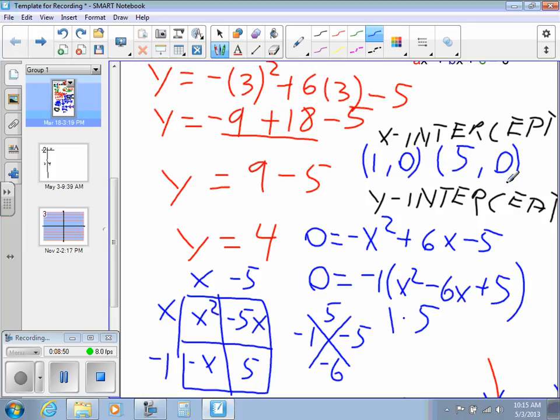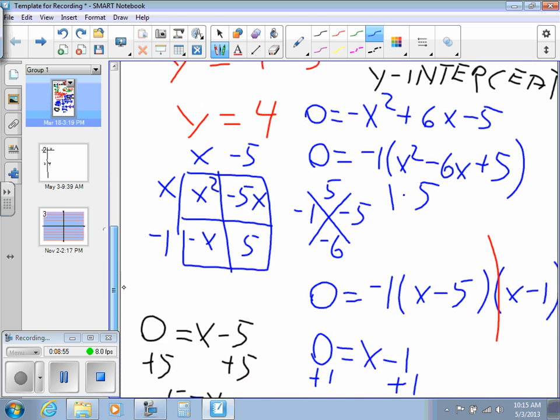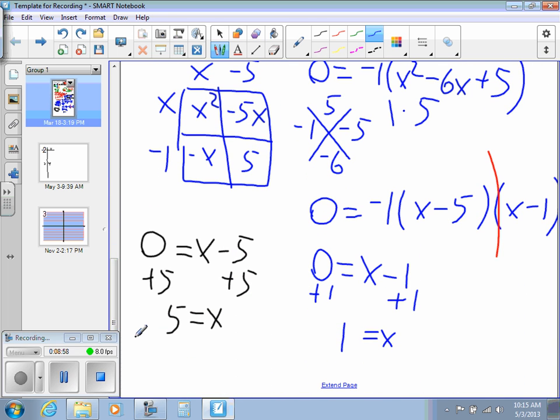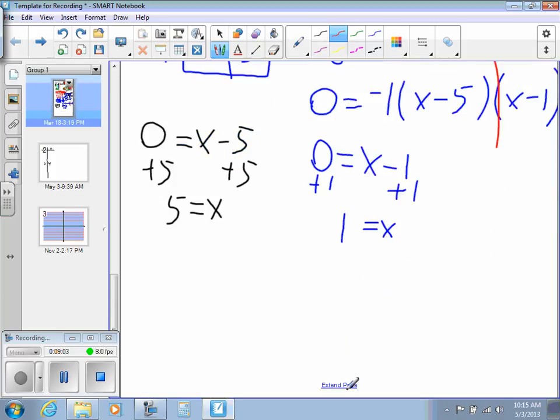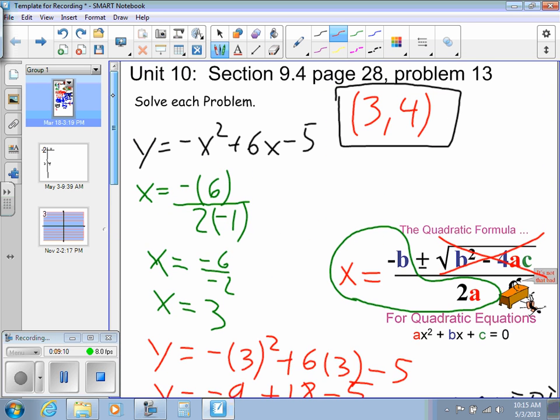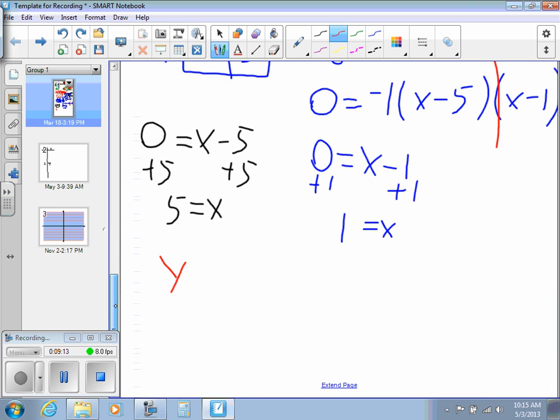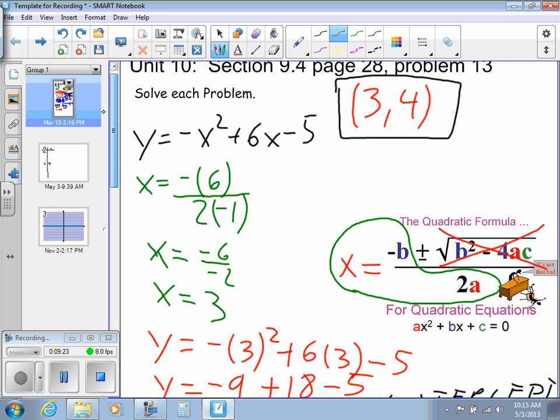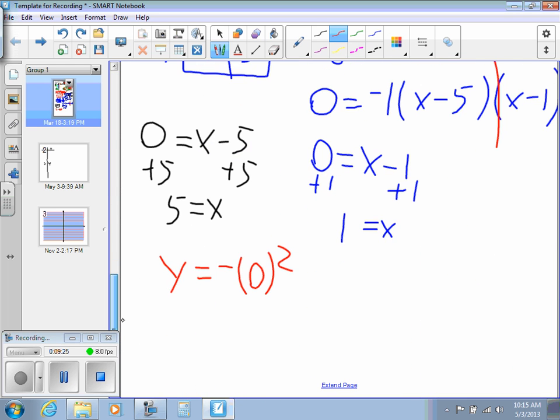Now for my y-intercept, I'm going to plug in 0 for x. So I've got y equals, and let's see, it was -x squared plus 6x minus 5.